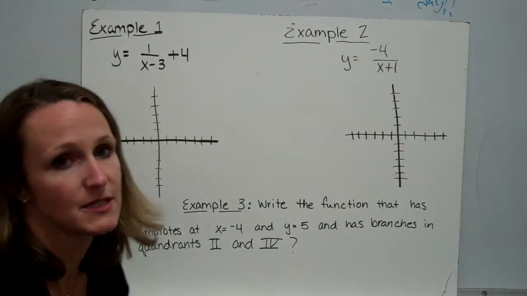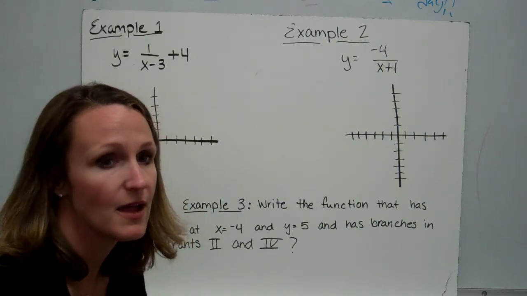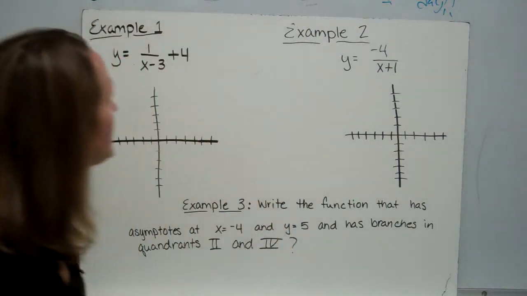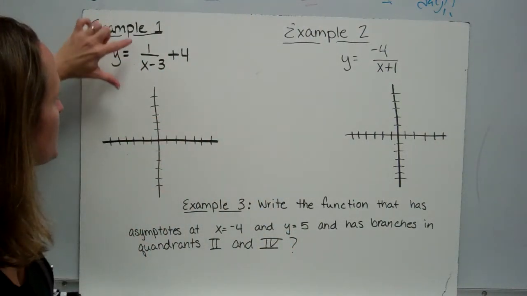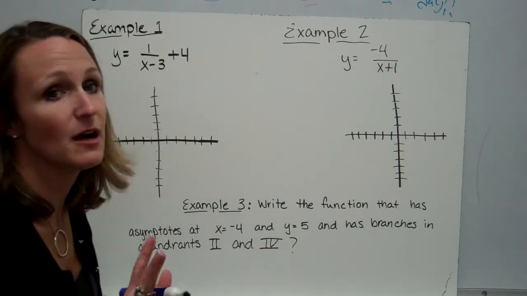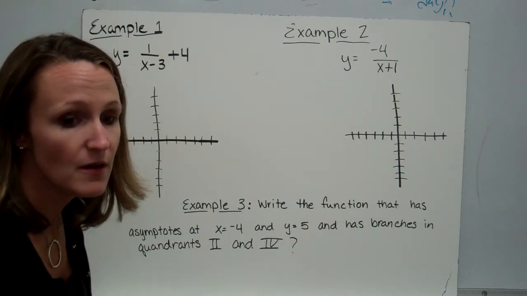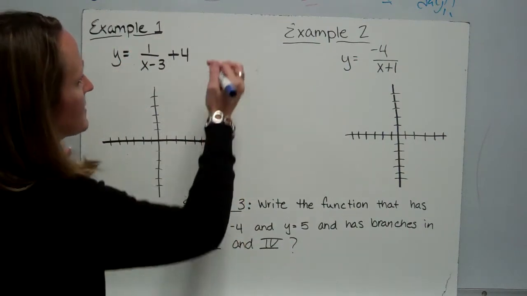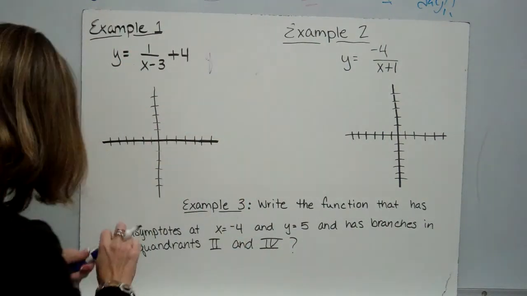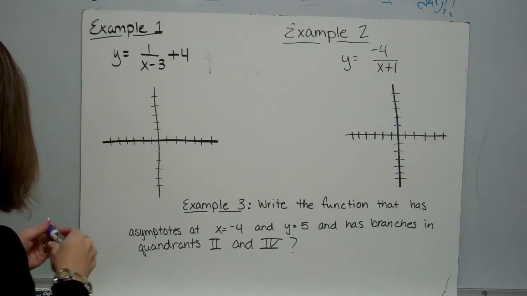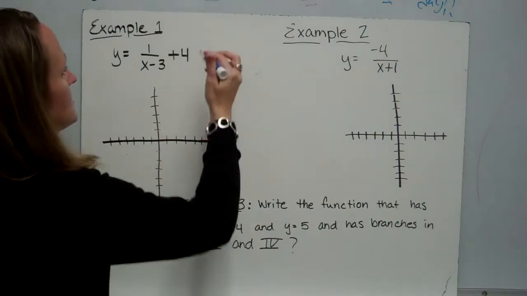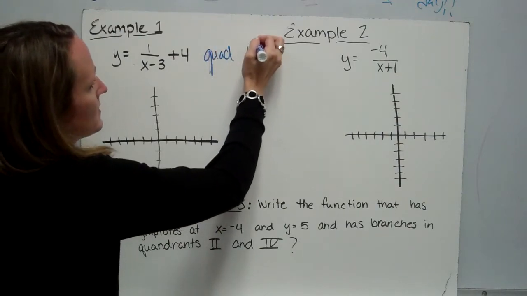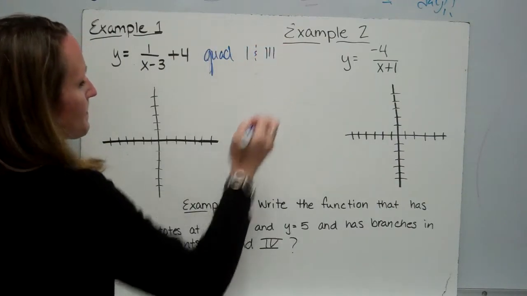All right, let's do some examples. Let's do some graphing, and let's practice writing an actual equation. So here we go. Let's graph this one. First of all, let's figure out which two quadrants it's in. Is it in 1 and 3 or 2 and 4? Well, it's not negative, so it's going to be in quadrants 1 and 3.